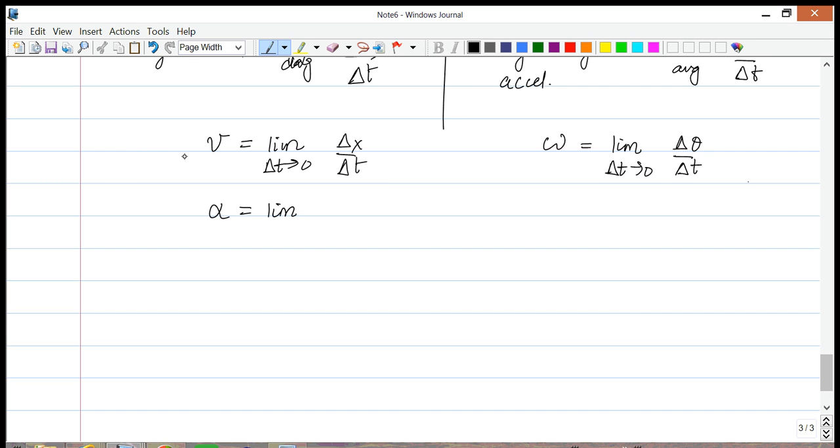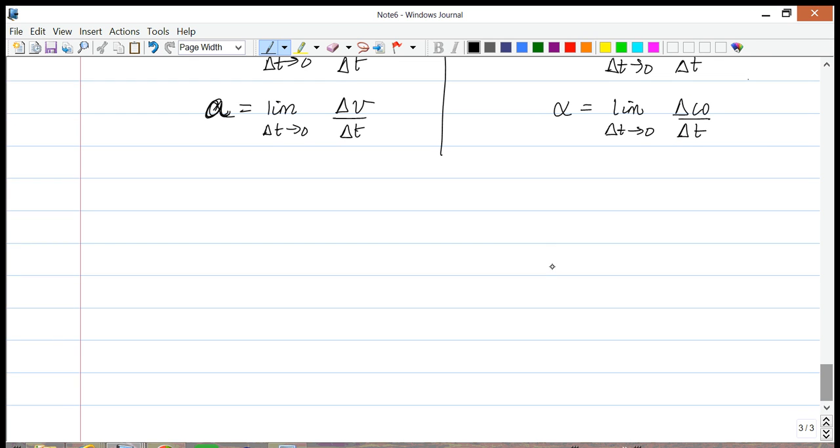And instantaneous acceleration was defined as the limit as the time interval approaches 0 of delta v over delta t. And similarly, we'll have instantaneous angular acceleration defined like so.